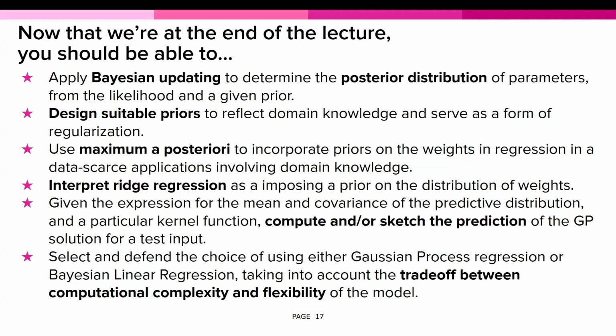We talked about a couple of ways to do this, starting with not so informative priors, such as just assuming that weights would be around zero with some variance. We also looked at some more intelligent ways to impose a prior, to say that certain weights should fall around here, and that we're more confident about some weights than others.